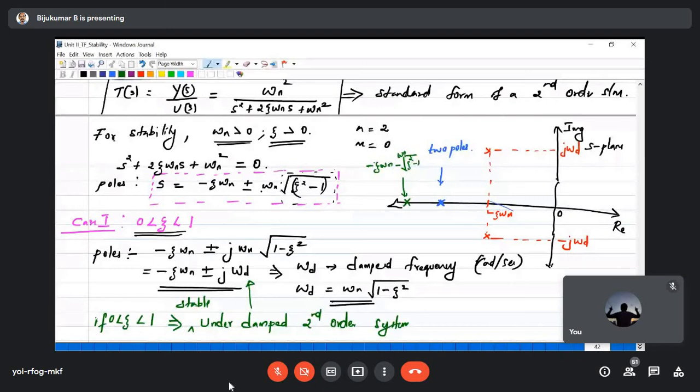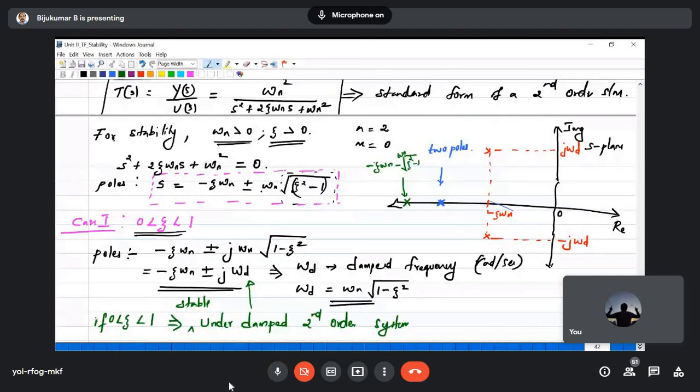If zeta is greater than 1, the negative part will be dominating, and correspondingly the other pole is near the origin. It is minus zeta omega n plus omega n root of zeta square minus 1.